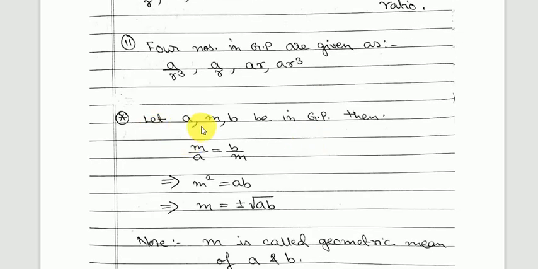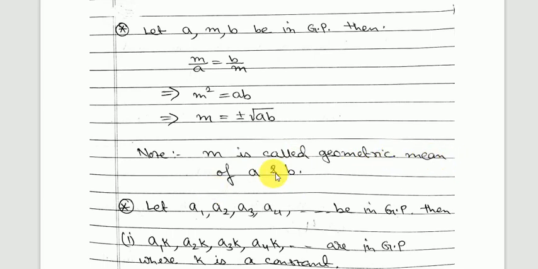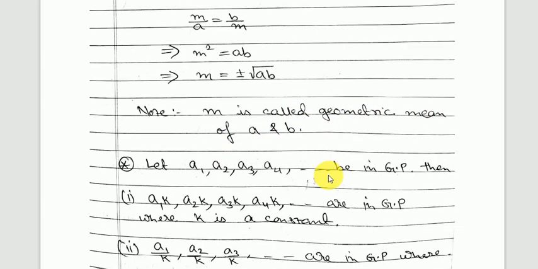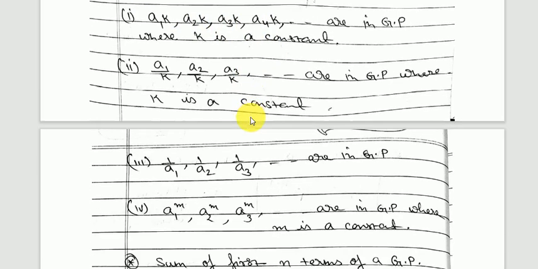And next, if you have got three numbers A, M and B in GP, then the middle one, M, is called geometric mean, and it is written as this: M equal to plus minus square root of AB. M is called geometric mean of A and B. These things you can just read by yourself.